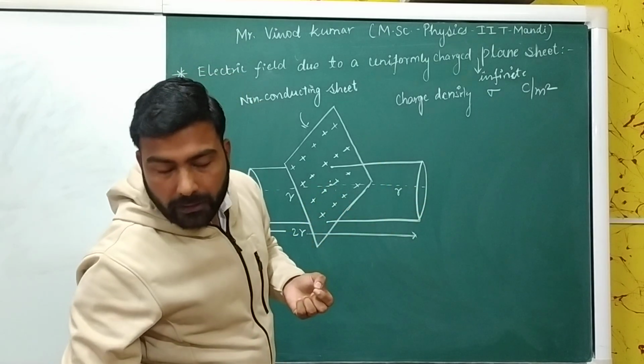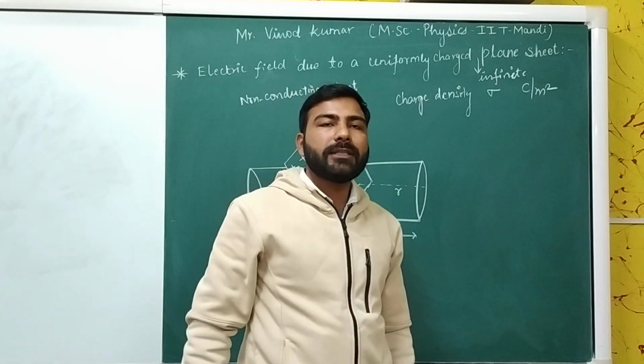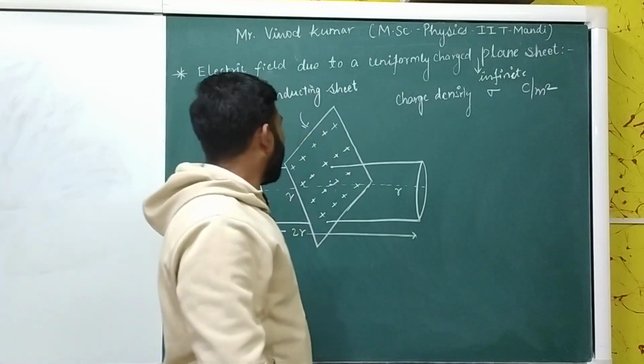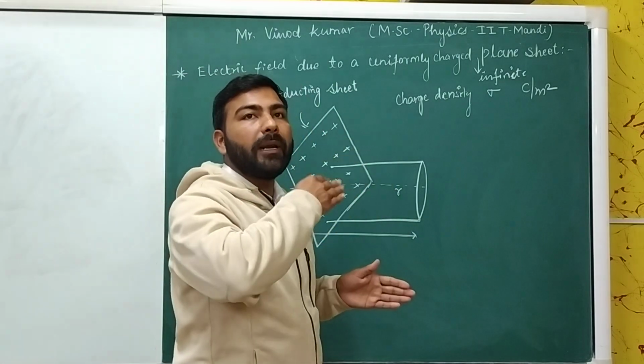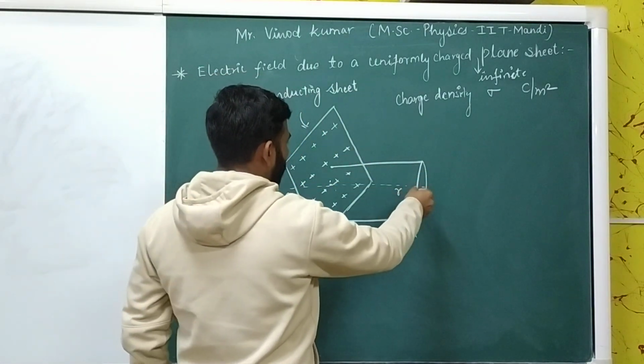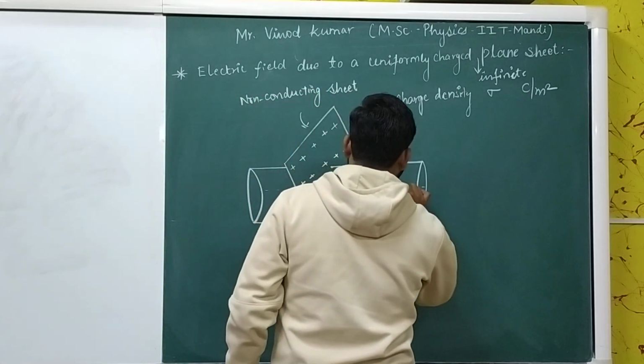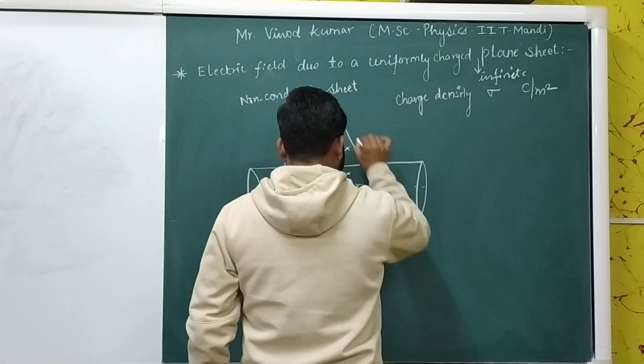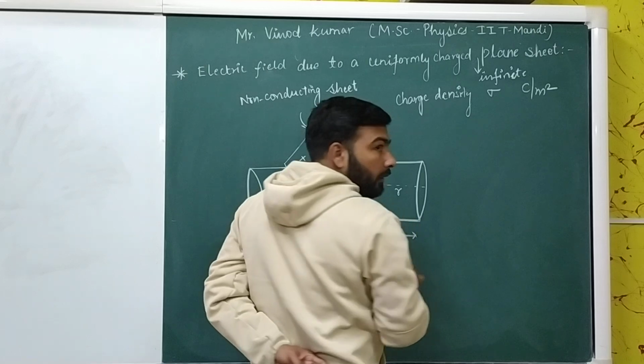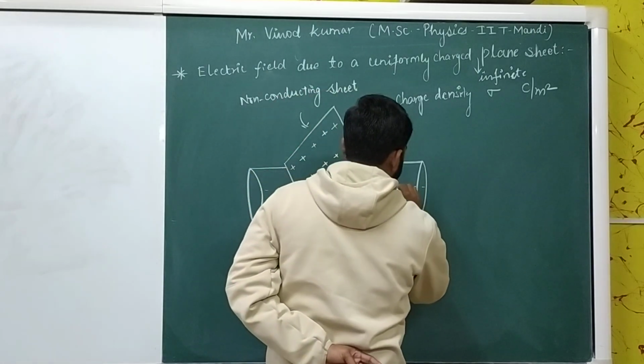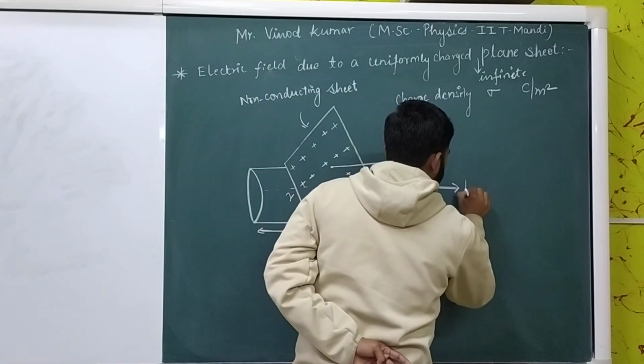As we know, the electric field due to a positively charged sheet points normally outward. So at this point, the electric field due to this plane sheet will be pointing outward.